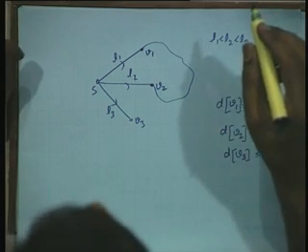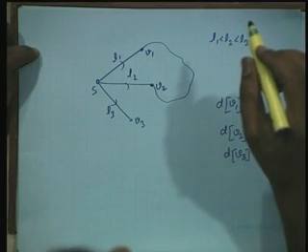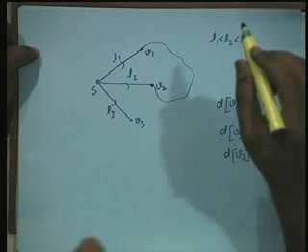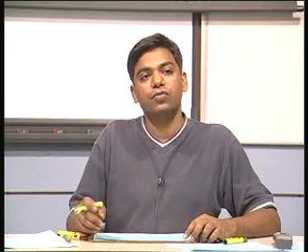So, what are we going to do now? We know the actual distance of V1. Now, how can we extend it? I have to find out the distance from S to every vertex.